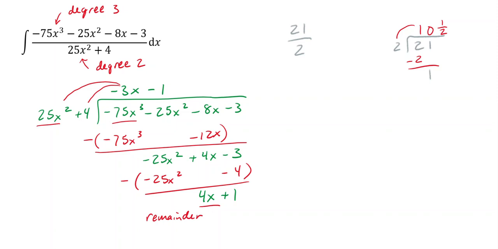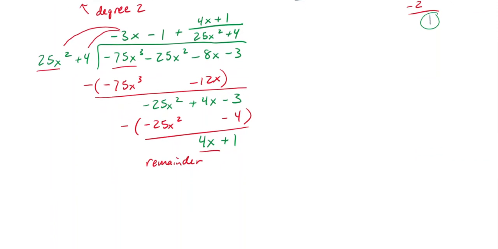And I will do the same thing here that I did with the numbers. I had a remainder of 1, and so I divided it by 2. Here it will be plus 4x plus 1 divided by 25x squared. Okay, so we've got our long division done. Now dealing with a proper fraction here because 4x has a lower degree than 25x squared.